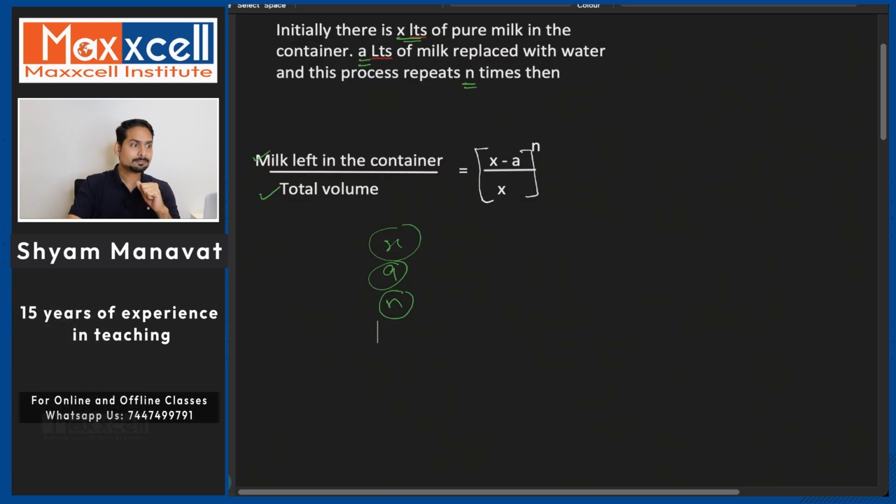So the milk left in the container actually represents what was there initially in the container, the original pure content. This is very important in this particular formula.